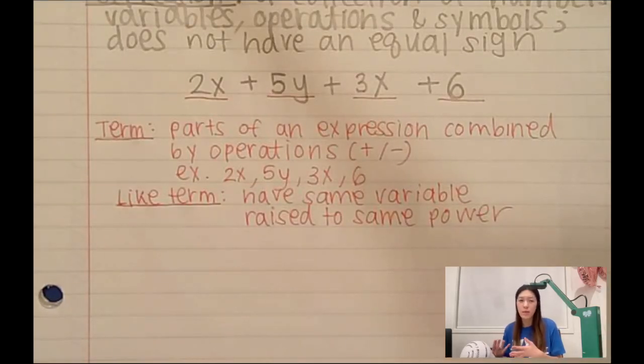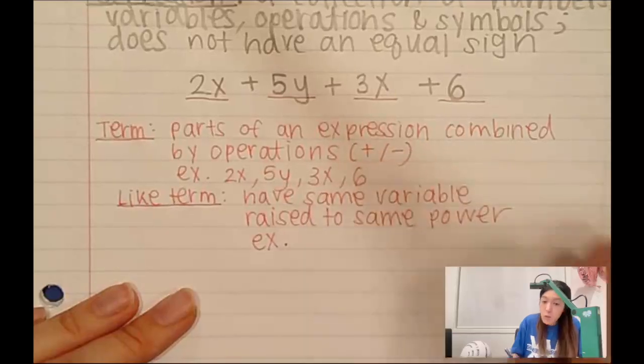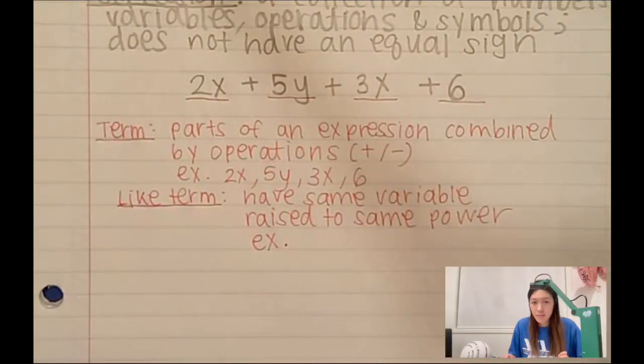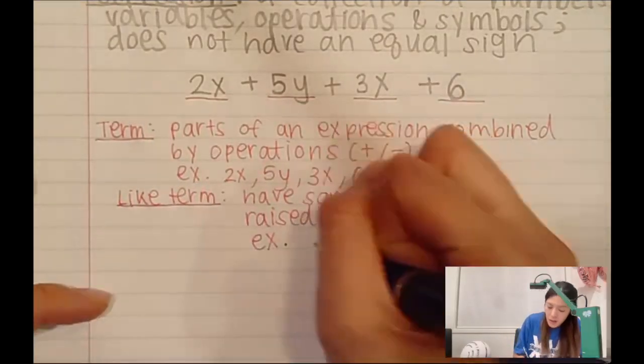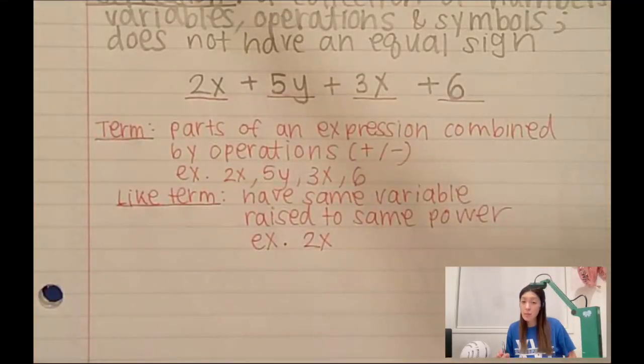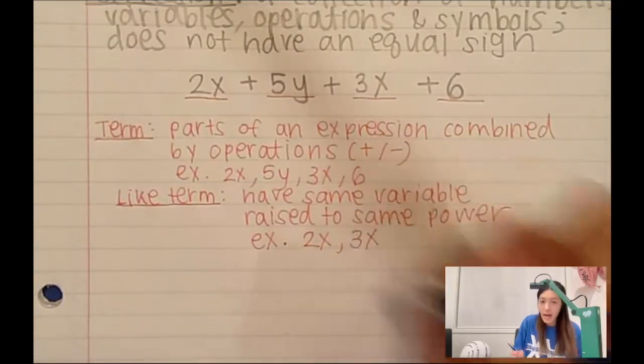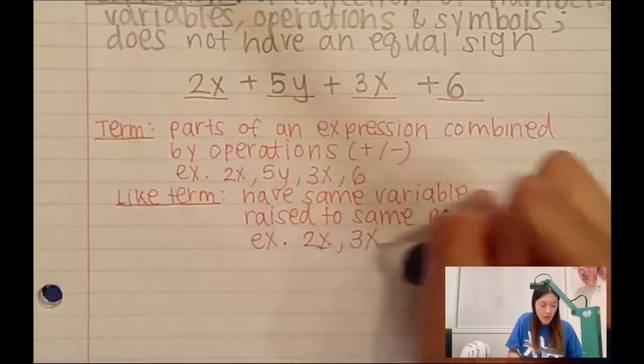So we won't see too many where you have x to the power of 2 or x to the power of 3. In this expression here, do we have any like terms? We do have a set of like terms. There is a like term to 2x. Take a guess what that like term is. The like term is 3x. They both have the variable x.